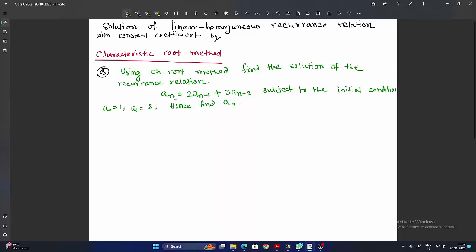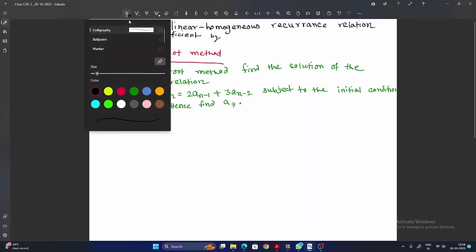Okay, calculate it. That means first of all we will solve that by using the characteristic root method, and then we will find a7. You can calculate anything, not only a7, you can calculate a100, a200, a1000, 2000, anything. So that's the process. So now how to solve it?